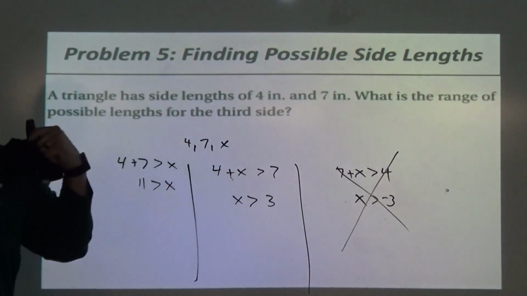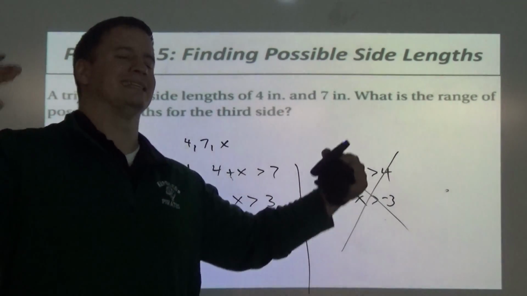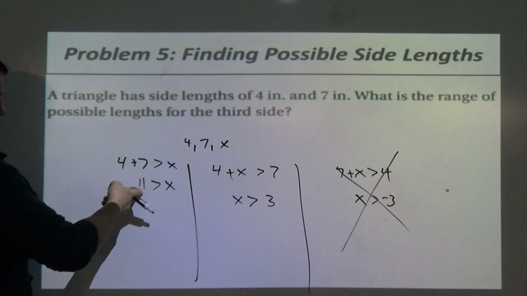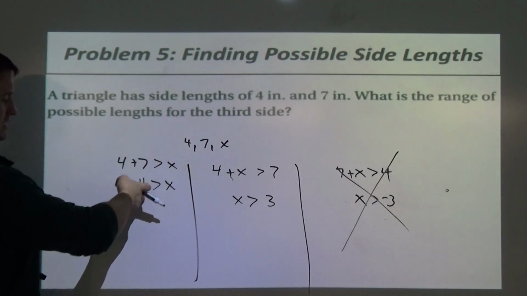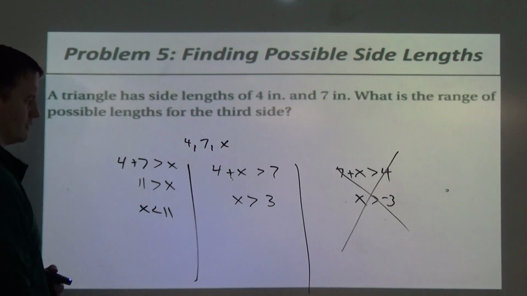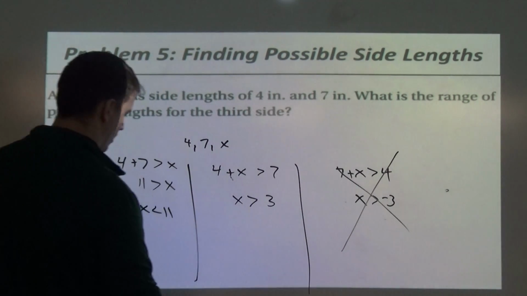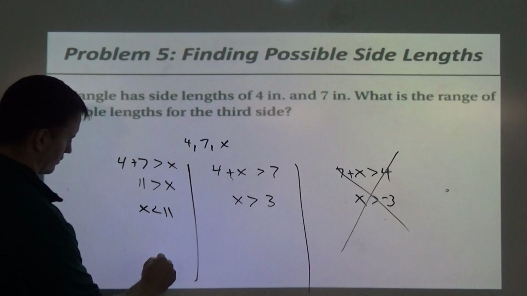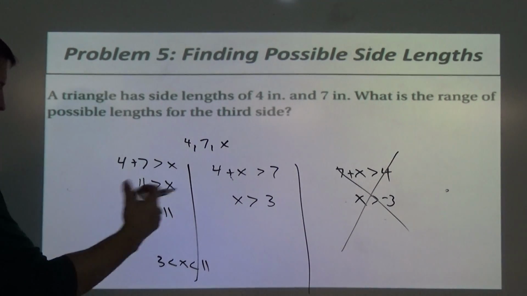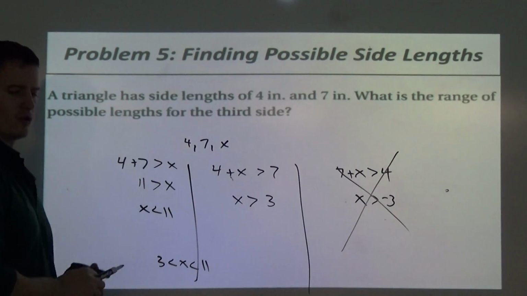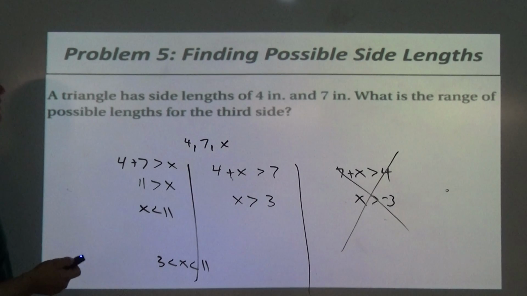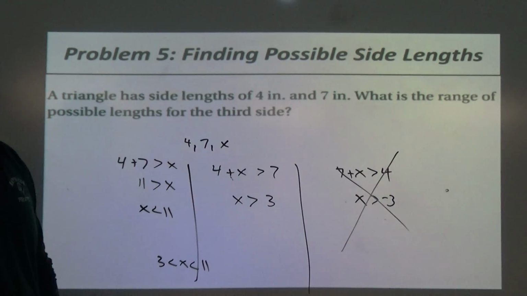Why? Because if it's the length of a side, it needs to be positive. So 11 needs to be bigger than x, or x needs to be less than 11 but greater than 3. So x needs to be between 3 and 11 for it to form a triangle. Alright? That's it, guys. Have a wonderful day.